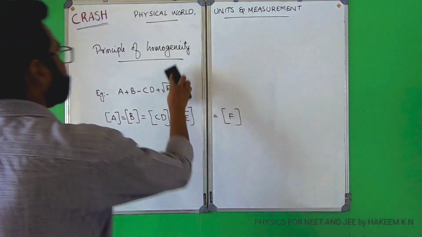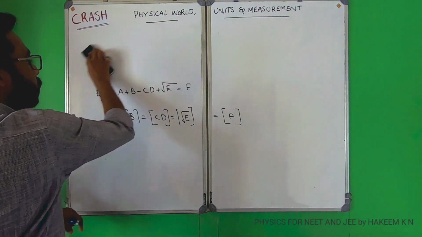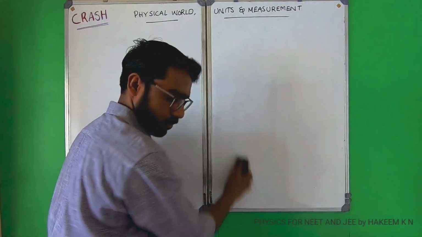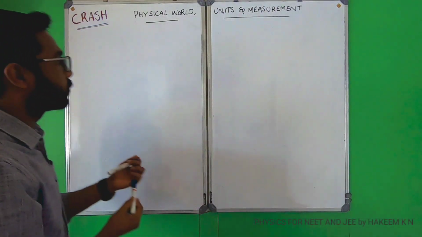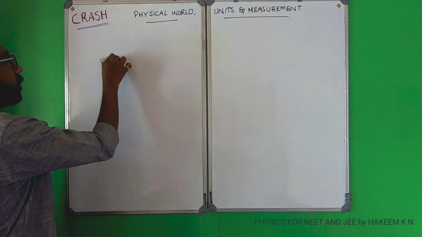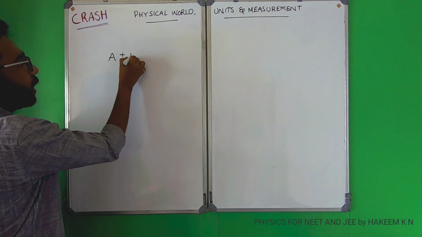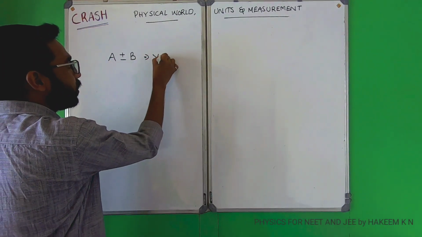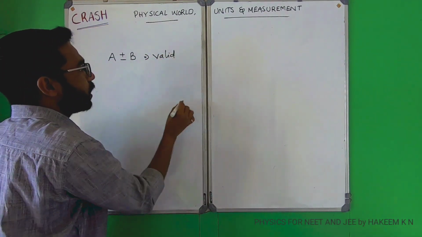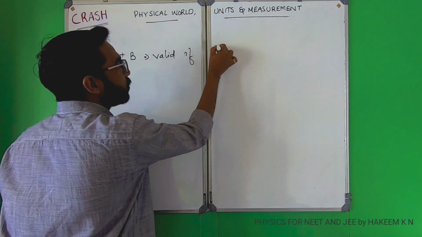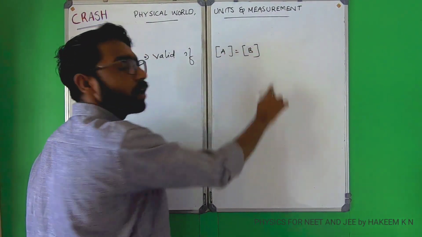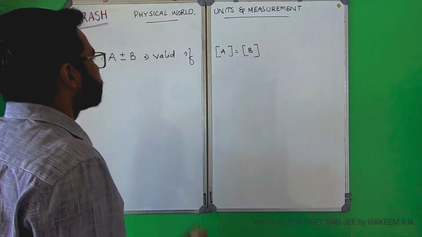Now we can say one more point here. We have a relation A plus B or A minus B. This relation is valid only if the dimension of A equals the dimension of B, according to the principle of homogeneity.